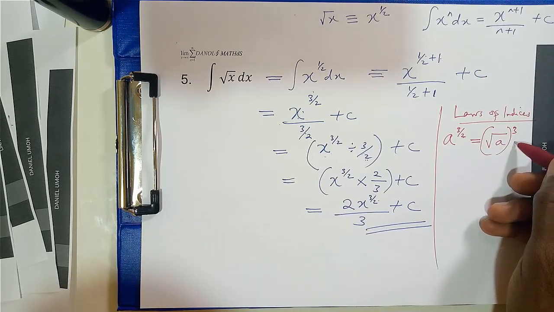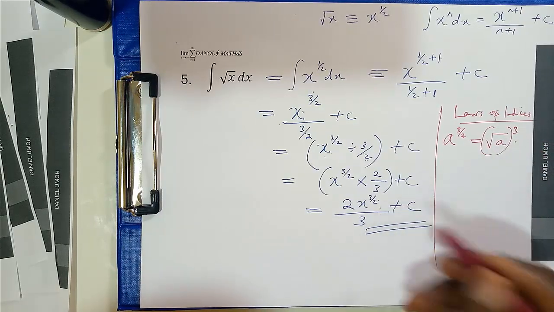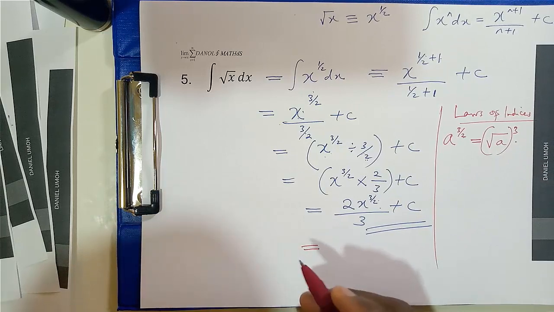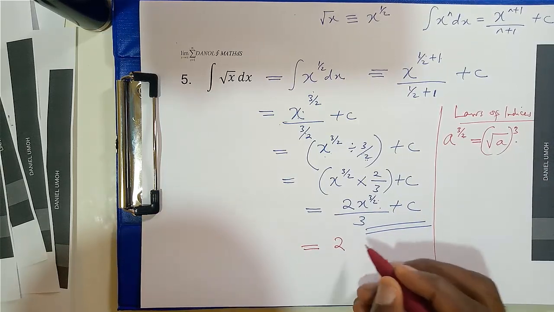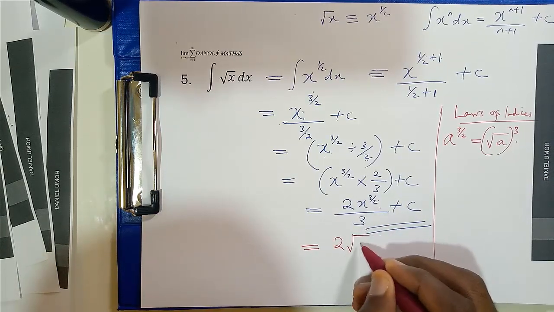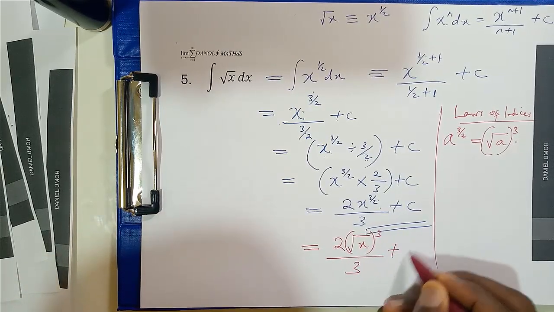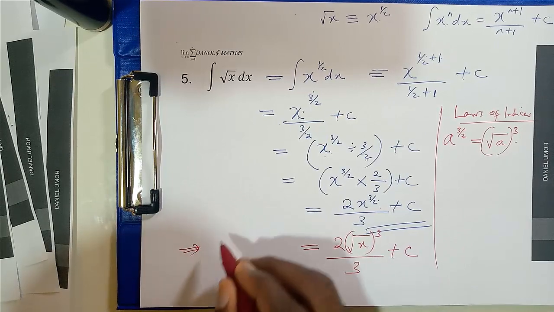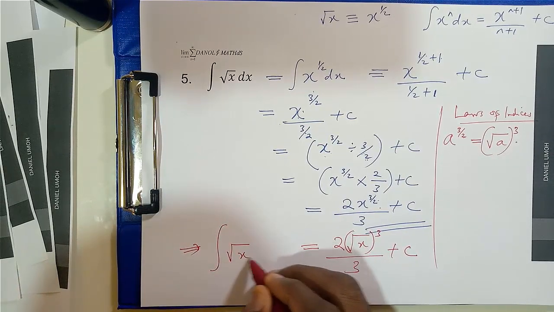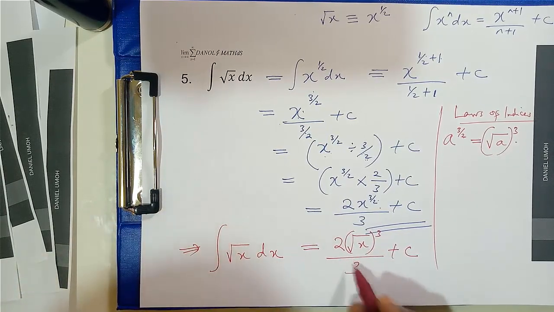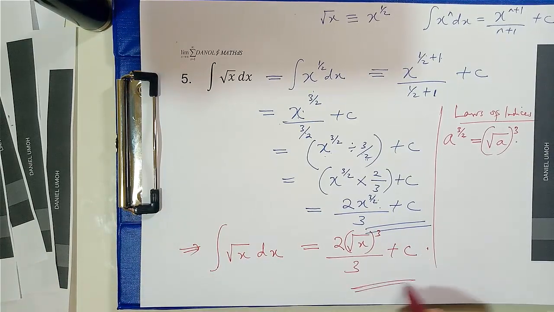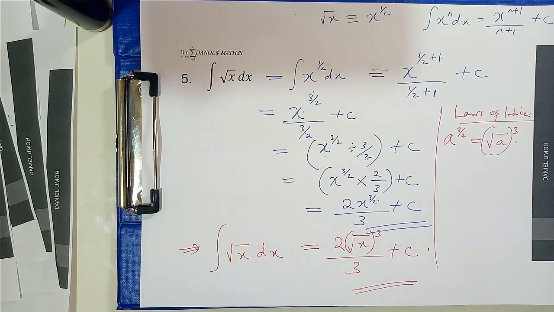If I apply it here, I'm going to have 2 times square root of x all raised to the power of 3, over 3 plus c. So it means the integral of square root of x dx is equal to this. I hope you understand that.